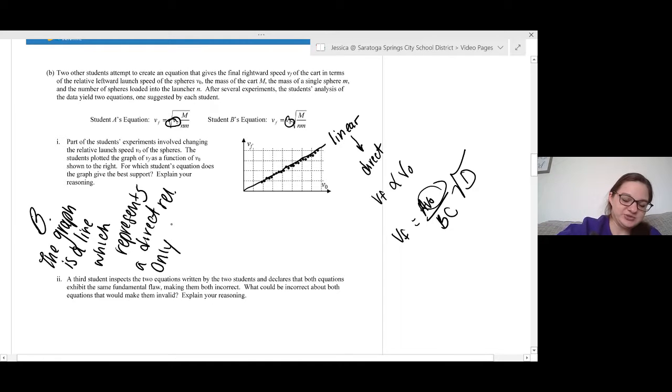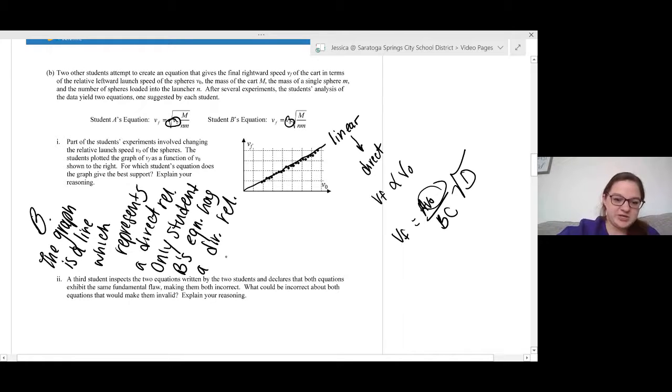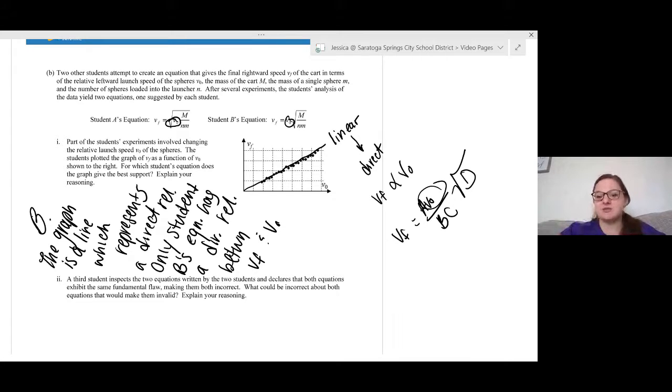Only student B's equation has a direct relationship between V final and V0. Okay, so we've talked about how we know from the graph it's a line, and that means direct. And then we've talked about which student's answer choice represents direct.